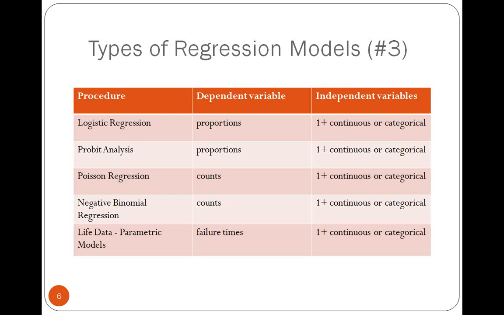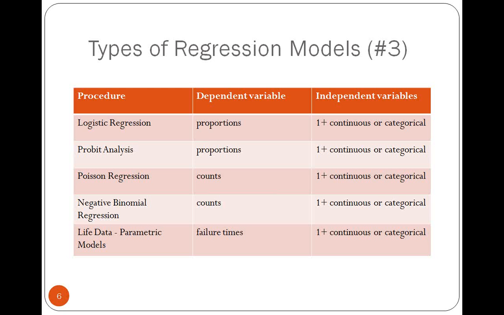We also have in Statgraphics, as I had mentioned earlier, some special procedures for cases where the dependent variable is not continuous. For example, if the dependent variable is proportions, then we might want to do a logistic regression or probit analysis or something like that. If the dependent variable, the y variable, is counts, then we've got either a Poisson regression or a negative binomial regression.